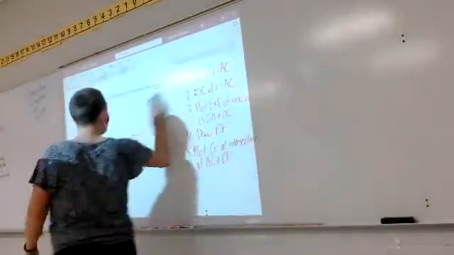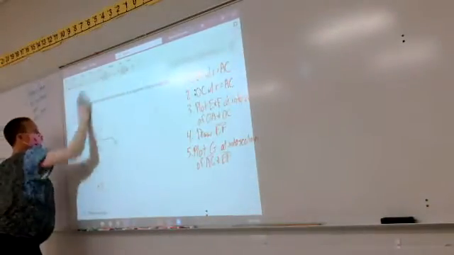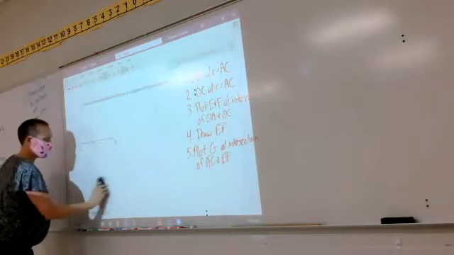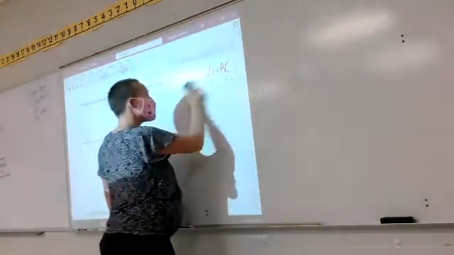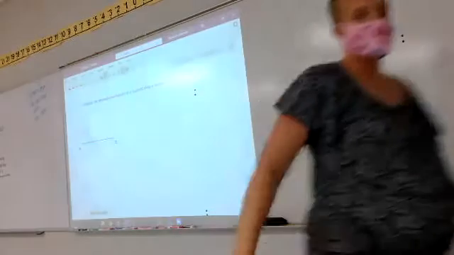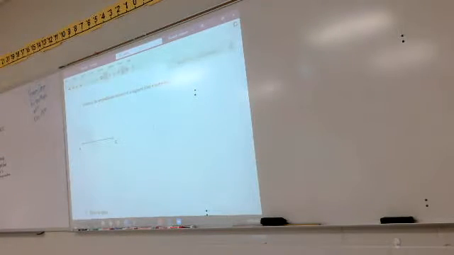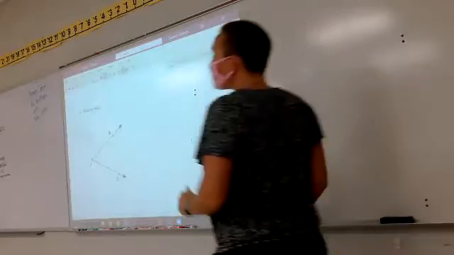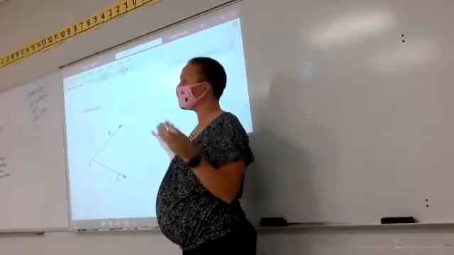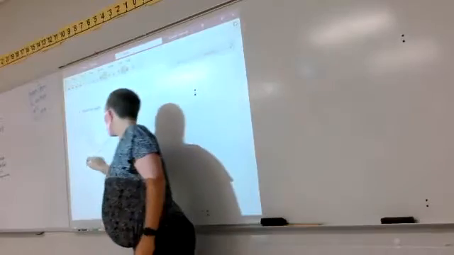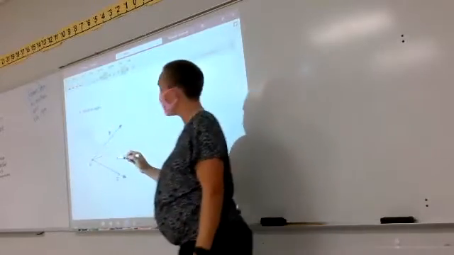Okay, last one. Okay, so we are going to bisect an angle. So in this one, don't draw any of this yet, but I'm just going to draw the end results so that we can get back to the beginning. We need something like this, right?